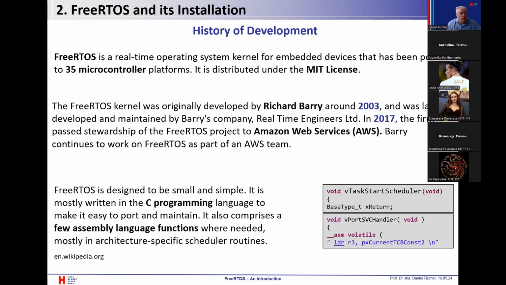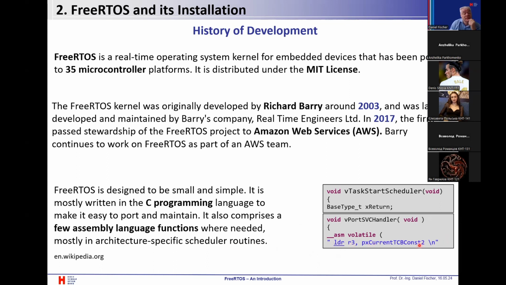FreeRTOS is implemented in C. You can see here on the right-hand side an example. It's written in C, and inside the code, in a few files, you can also find assembly language, as an example here with inline assembler.